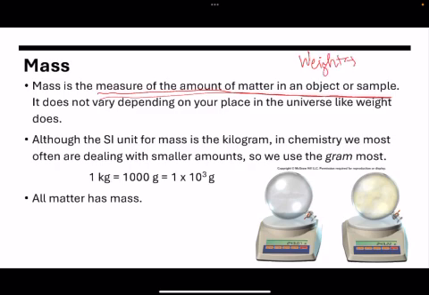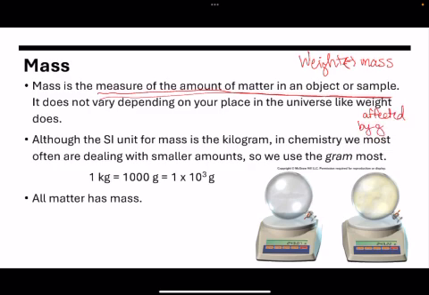And this is because obviously on Earth, they are affected by gravity. Well, I'm sorry, strike that. We use them interchangeably, but they are not the same. Mass is just the amount of matter, and it doesn't matter where you are in the universe. Weight is affected by the pull of gravity.